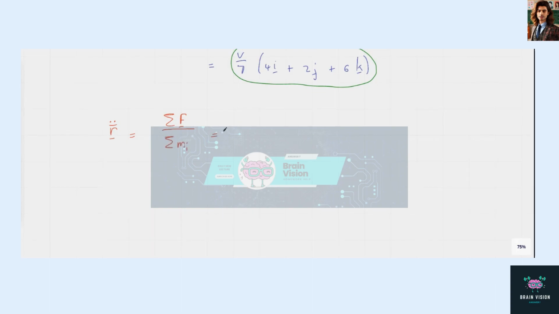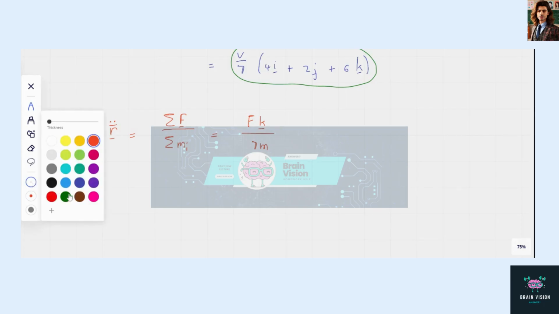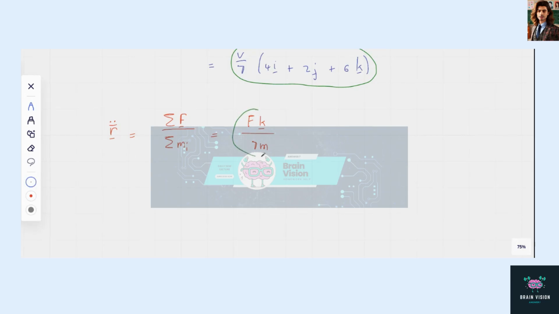That's simply by Newton's second law. And this is the force F along unit vector k divided by 7 times m. So that's essentially the acceleration of the mass center of the system.